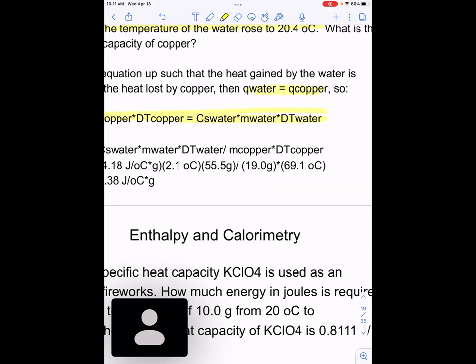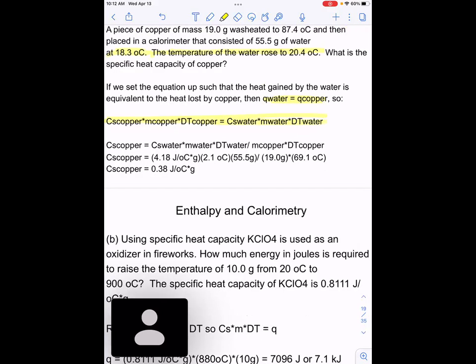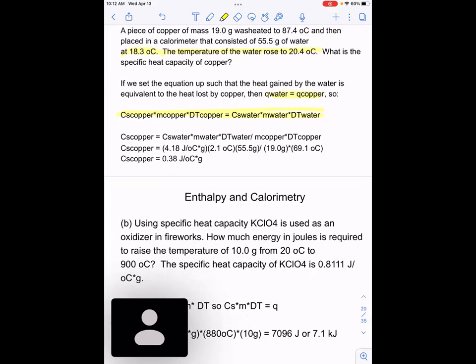One is higher temperature, the other is lower temperature, and then they equilibrate to the same temperature. So if the Q's are the same, then we can set the two equations equal to one another. And in doing that, we can solve for the specific heat of copper.